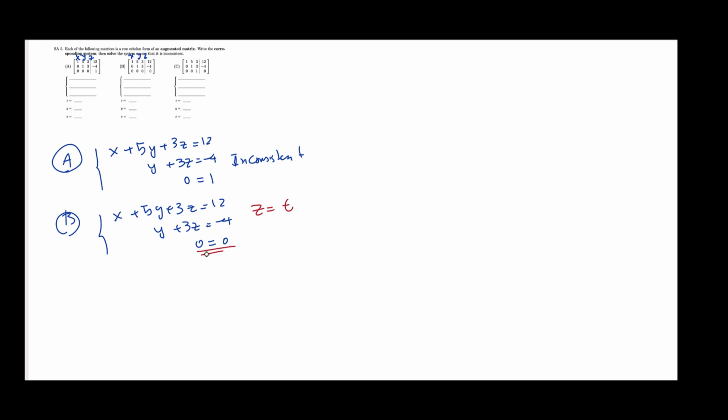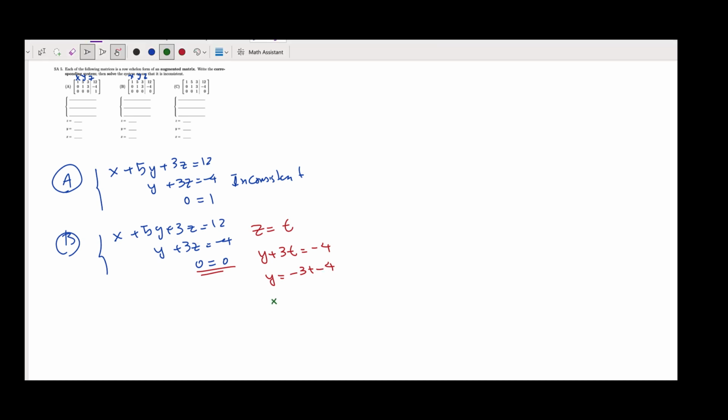Then in the one before the trivial equation, I can plug in t, and I get y plus 3t equal to negative 4, and I solve for y, which is going to be negative 3t, subtracting 3t from both sides, minus 4. And so then the last one is x.